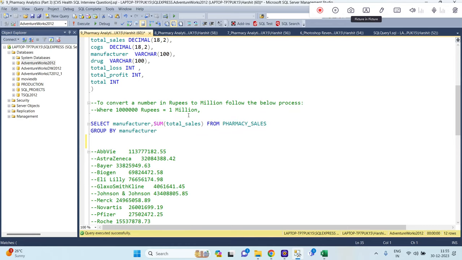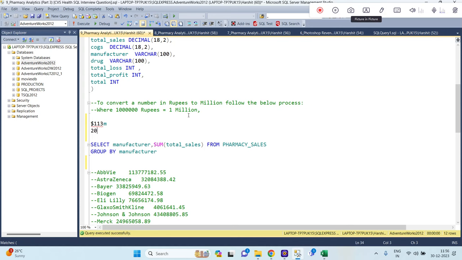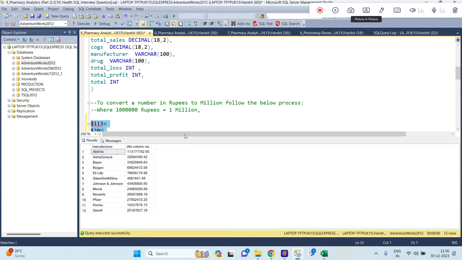But now, how can we display the result like this: 113 million dollar, then 20 million dollar, like this? We can't display a result like this, right?